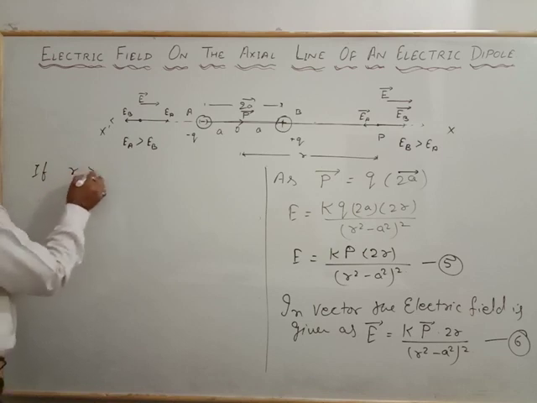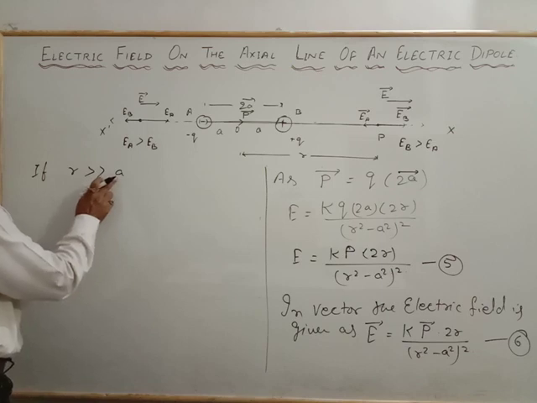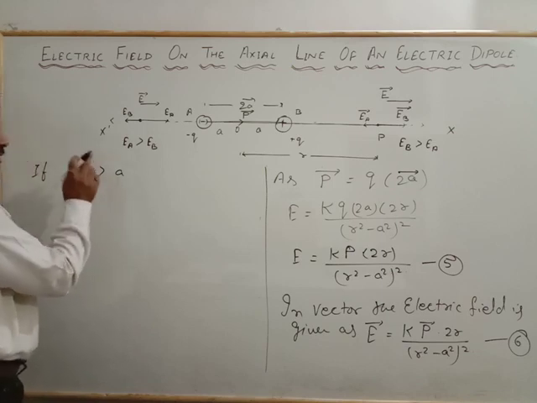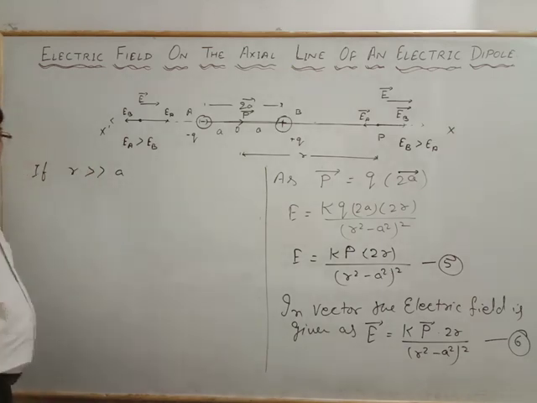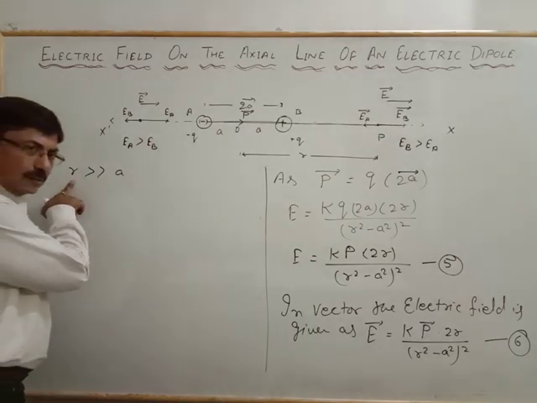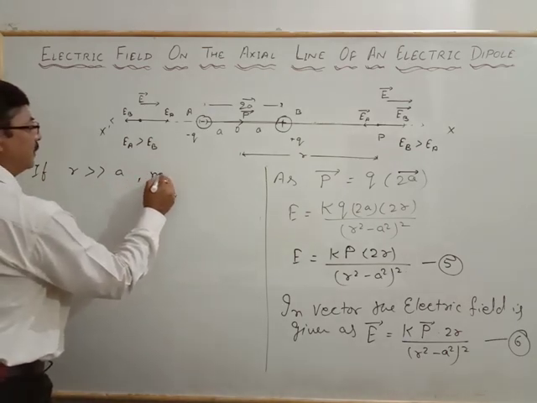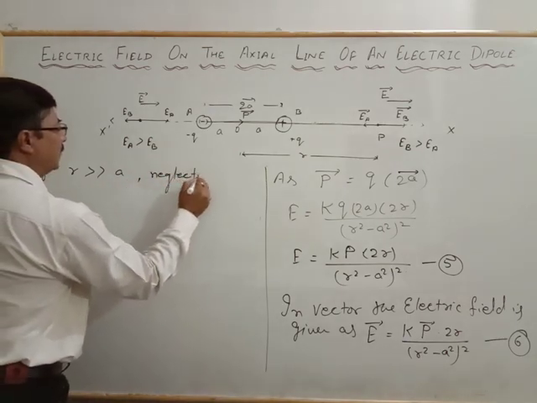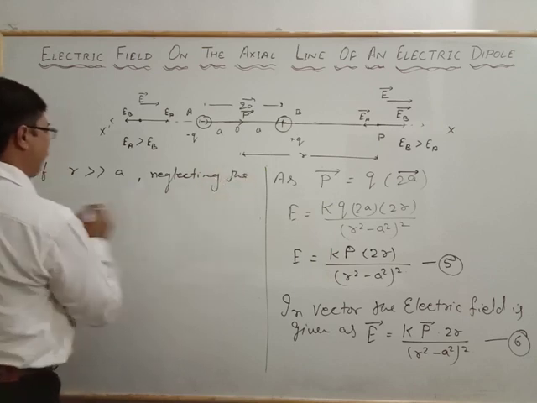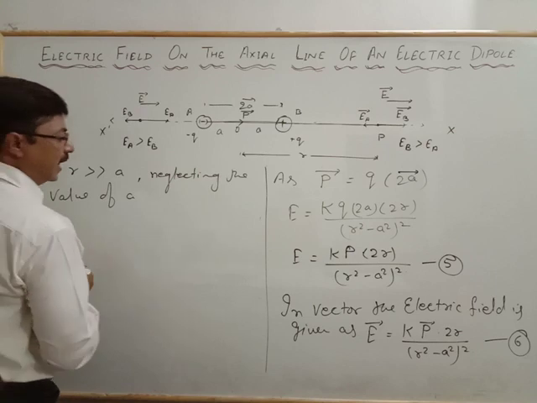So if r is much greater than a, a is almost negligible, having the tendency to be 0 compared to r. So we neglect the value of a in the above relation.